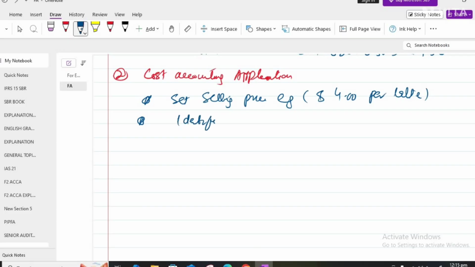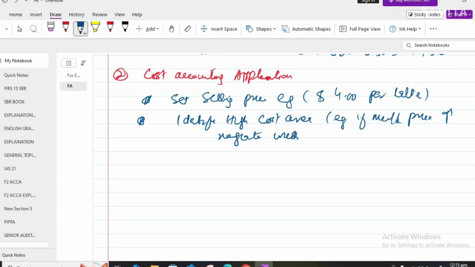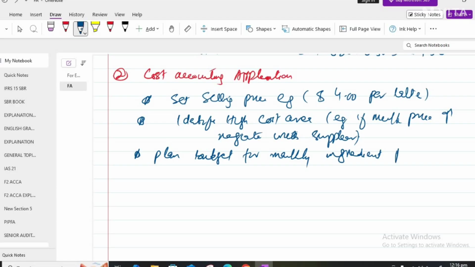For example, if the milk's price rises, then you have to negotiate with the suppliers, or you may change the supplier where the quality is not compromised. Then you have to plan a budget for monthly ingredient purchases. Clear? Now if you are confused by the word latte, that is a coffee drink made from espresso and steamed milk, topped with a foam, so that is called latte.